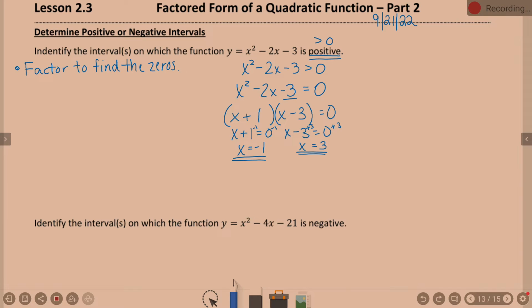Okay, so we're factoring to find the zeros. I'm going to write a note. Zeros, where the graph goes from positive to negative and vice versa.